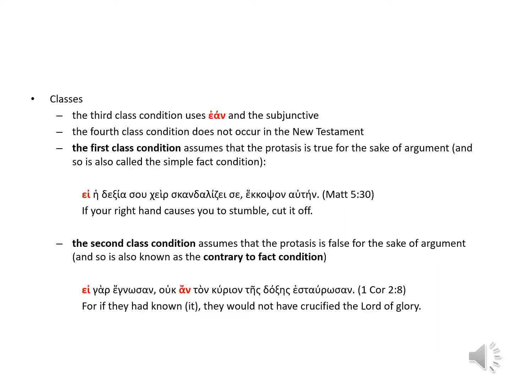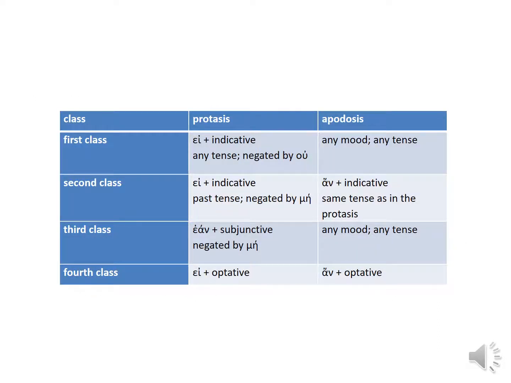So we see that the premise is considered false for the sake of argument. If they had known it, and what's implied is that they didn't know it. If they had known it, and you could almost put in parentheses, and they didn't, they would not have crucified the Lord of glory. So Mounce includes in the text a nice summary chart of the four classes and how each of them is formed.